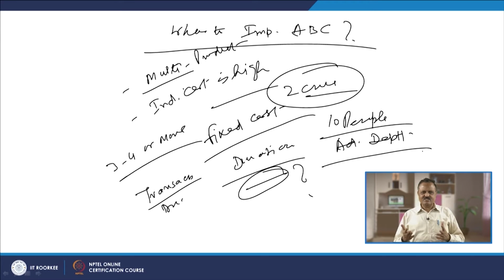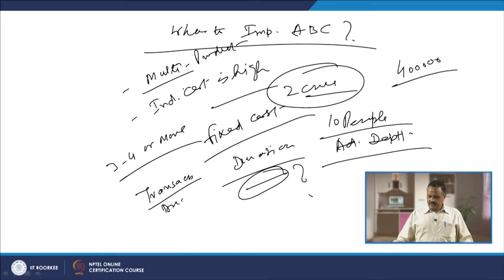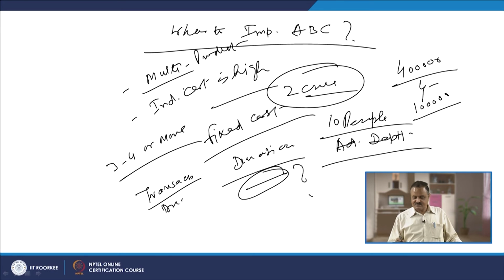They do communication, maintain the ledger accounts, the stock account, and all other kinds of accounts, and their total time is distributed across the 4 products A, B, C and D. Say the total salary of these 10 people is 4 lakh rupees, and you have to distribute that to the 4 products. If we manufacture 1 lakh units, the per unit cost is 4 rupees.